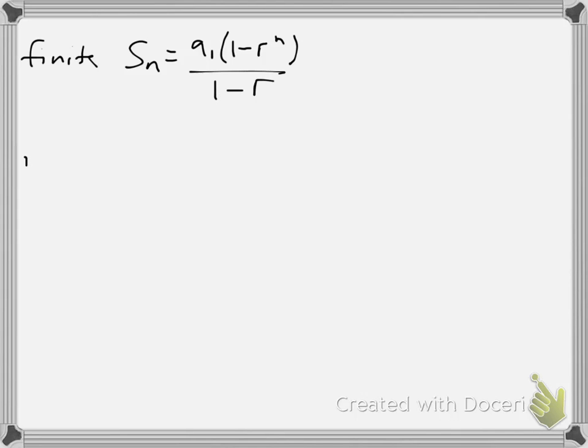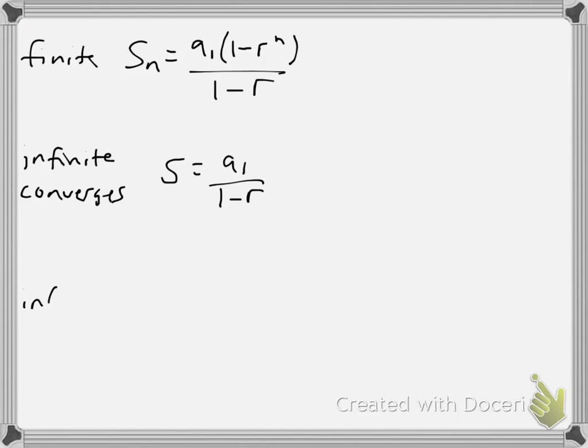Let's move on to series. So if you have a geometric series, I've already told you there's a couple different ones. If you have a finite, you're going to use this formula. If you have an infinite that converges, you'll use this formula.